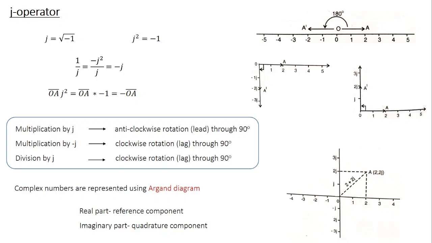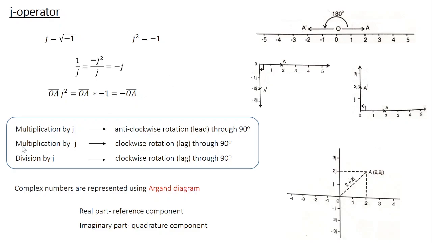Now in terms of rotation, what happens here? When you convert OA into OA prime, you are basically rotating OA through an angle 180 degree in the anti-clockwise direction, right? So multiplication with J square corresponds to an anti-clockwise rotation through 180 degree. So if J square corresponds to 180, then J corresponds to half of this, which is 90 degrees.